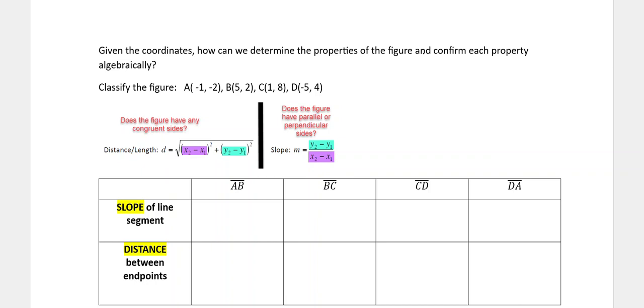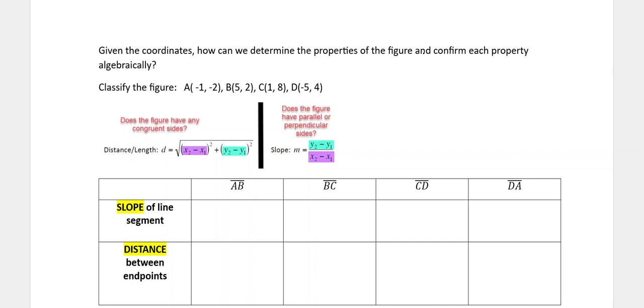Given the coordinates of a figure, how can we determine the properties of the figure and confirm each property algebraically? We're going to focus on two formulas. The distance formula will allow me to determine if my figure has congruent sides, because it will determine the distance between the endpoints using those coordinates.